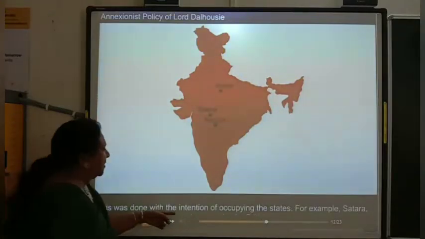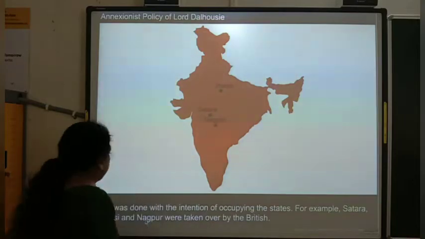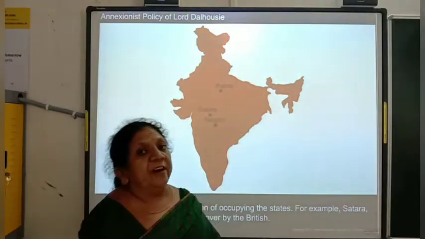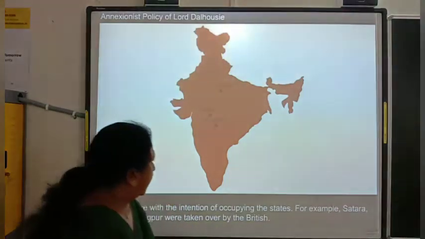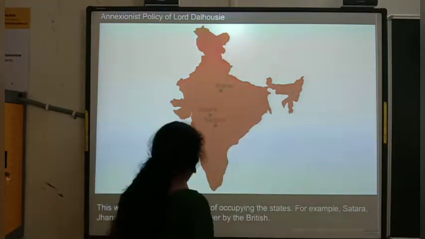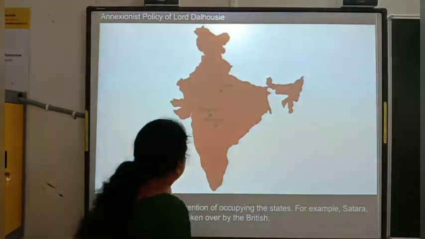This was done with the intention of occupying the state. For example, first Awadh was taken, the Nizam of Hyderabad was taken, and after that different states like Satara, Jhansi and Nagpur were taken over by the British.